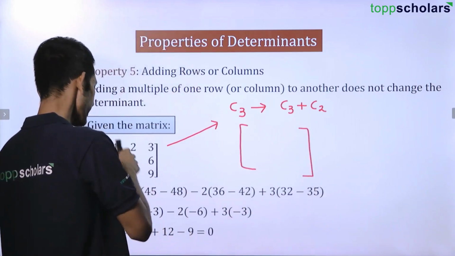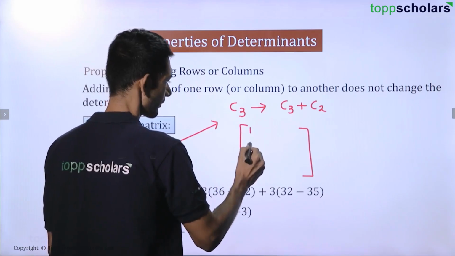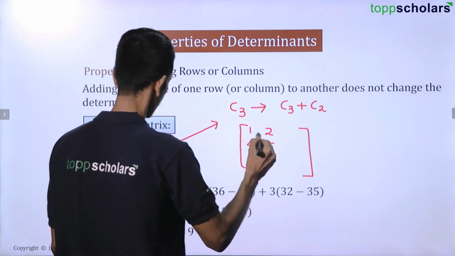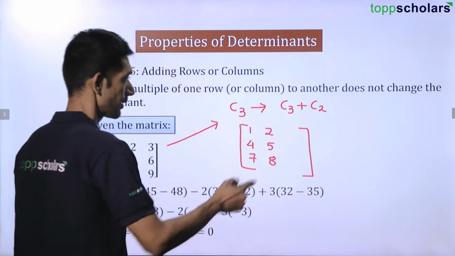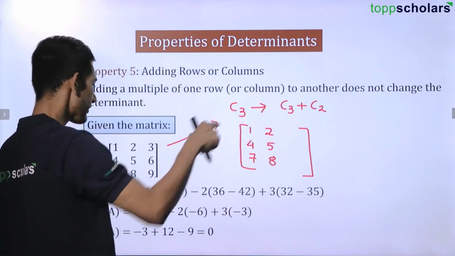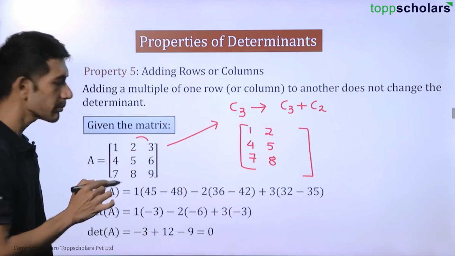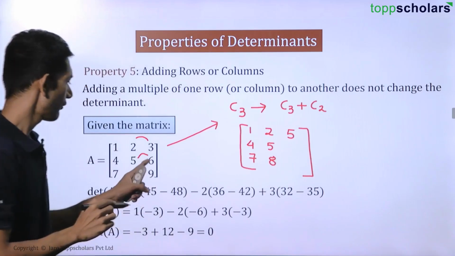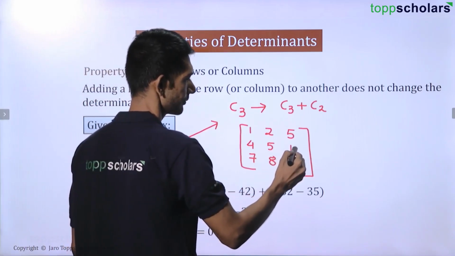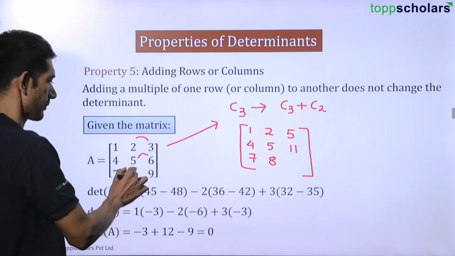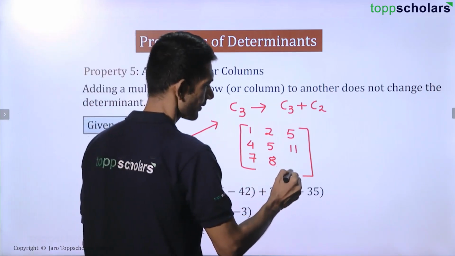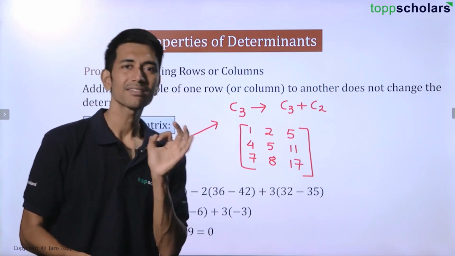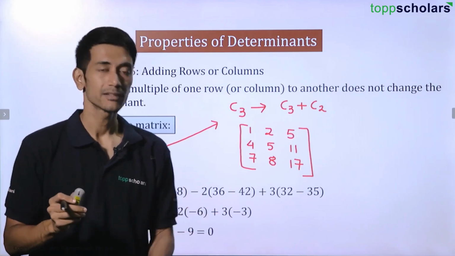Since we're changing C3, C1 and C2 will remain the same. Now C3 will change to C3 plus C2. Now add 3 plus 2, 5 plus 6, 9 plus 8. Even if you find out the determinant of this, you are going to get the same answer, that is 0. I hope this part is clear.